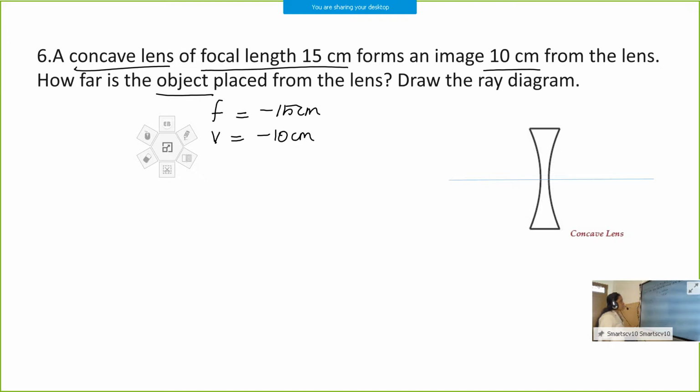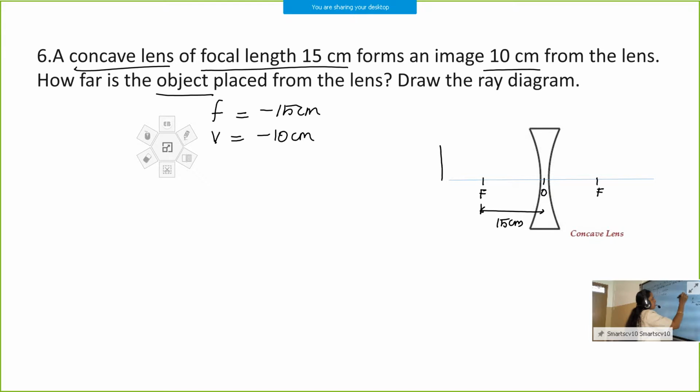And how far is the object placed from the lens? That means you have to find out the object distance. So in your diagram, you can draw the optical center, and suppose there is a focus on both sides. And the focal length is given as 15 centimeter.